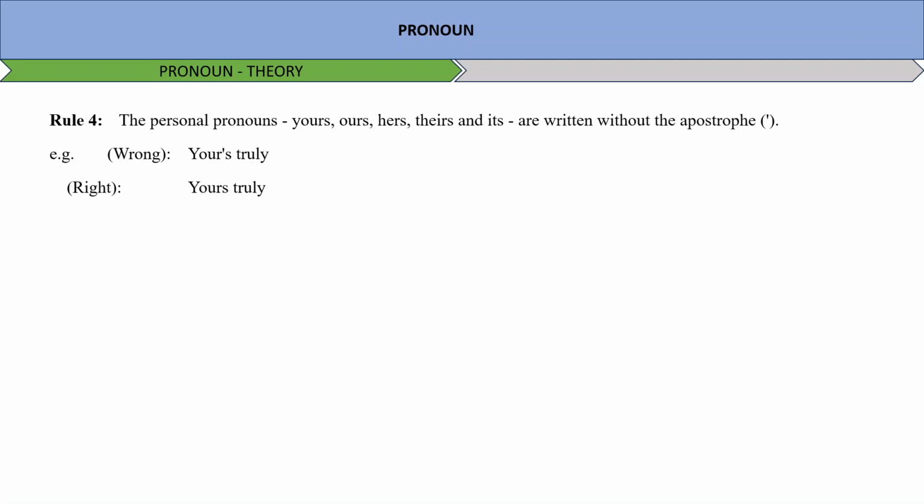These are possessive personal pronouns, which are possessive in case. Yours, ours, hers, theirs, its is the correct way of using them. No apostrophe is required because they themselves deliver the idea of possession, your ownership, your belonging. So you do not need to write apostrophe or apostrophe s with them. Okay, so yours truly is correct.